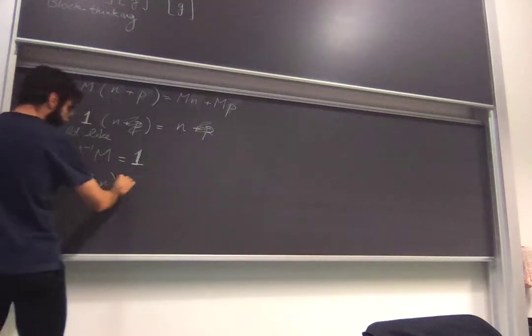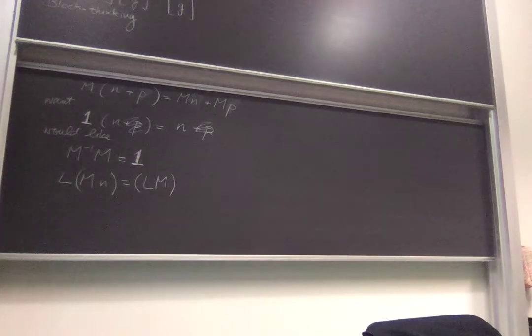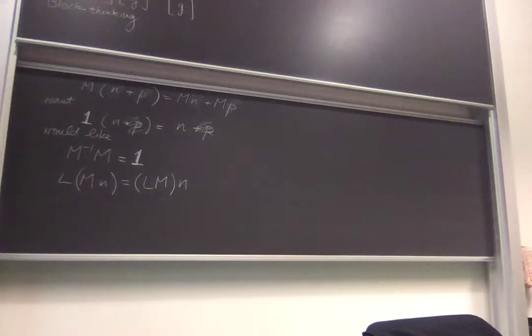You want the L not to act on vectors only, but also to act on its siblings, entities of the same type, and then apply that to N. So what are these three properties? 1, 2, and 3. These are the defining properties of a group, remember?